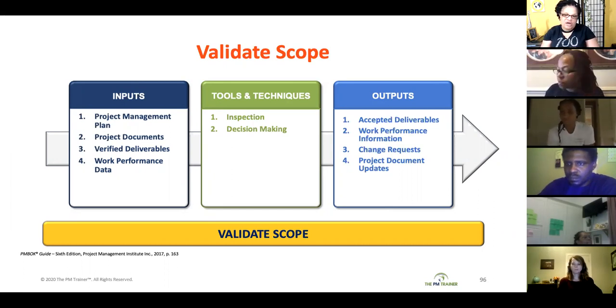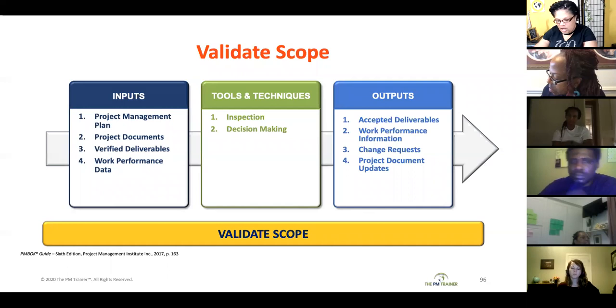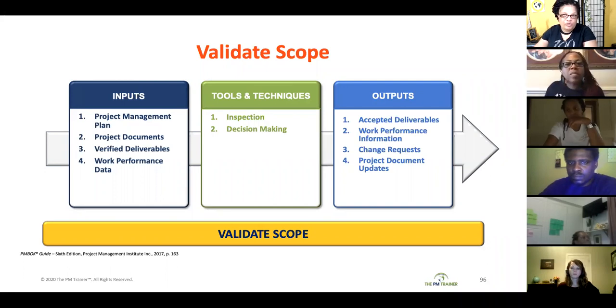That's validating scope. And so once they have done their inspection, now they have to make a decision. And that's where the decision making comes in. You can use the voting decision making techniques. We talked about the dictatorship, the unanimity, the majority, and the plurality. Remember, we called it the dumb voting techniques. Or you can use some type of multi-criteria decision analysis.